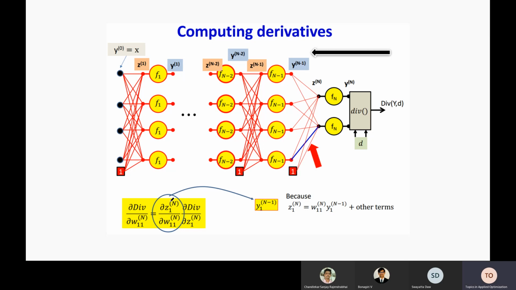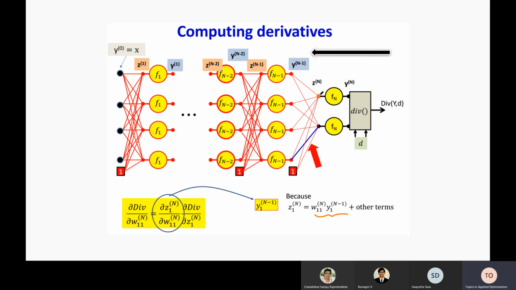So what we claim is that del Z1 by del W11 is just going to be Y1 n minus 1. Why is that the case? Because remember, Z1n was nothing but the linear combination of the outputs of the previous layer, right? Z1n, according to our notation, is this guy.